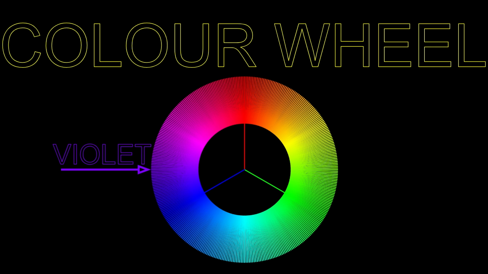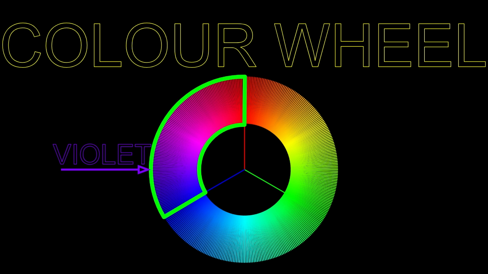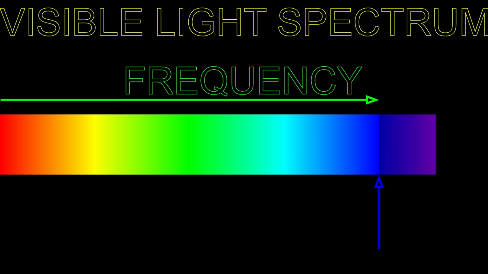But that's not how the electromagnetic spectrum works, because this whole section of the color wheel, ranging from blue to red, where it cycles back on itself, is made of mixtures of red and blue, let's say. It's very important to note that the electromagnetic spectrum does not continue like this.